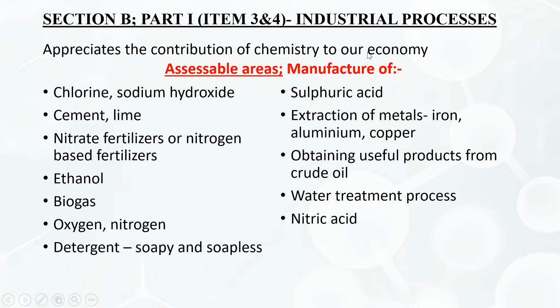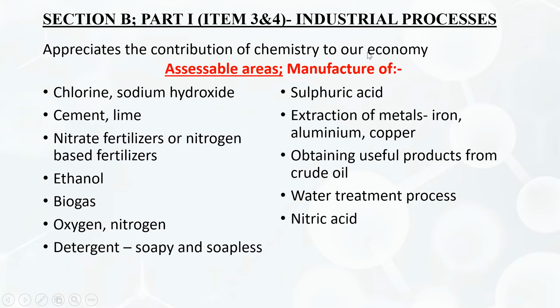And I believe whenever we are working on any industry, that is a contribution of chemistry to our economy. I'm just listing for us some of the areas that can be assessed. Any production process that you have done comes under this part.